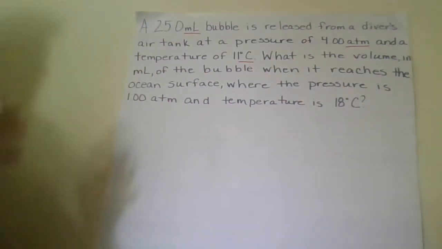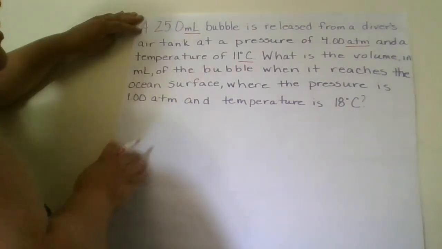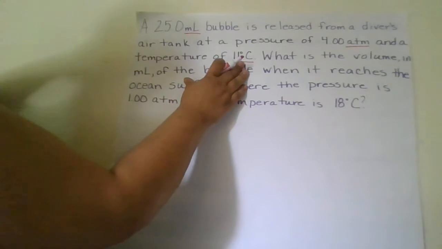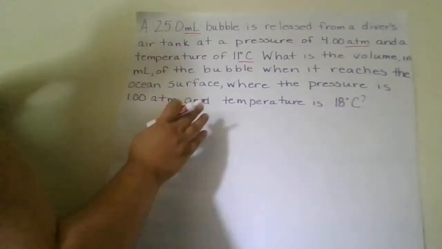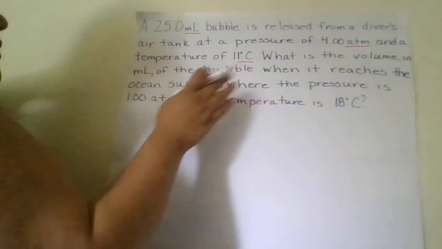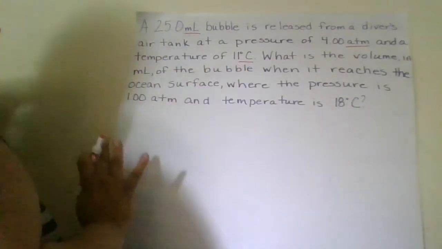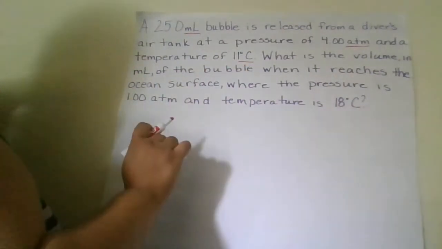So we've got three pieces of information within the first sentence of the problem. This lets us know this is where it began. The problem began here. Then it says, what is the volume in mLs when it reaches the surface? So this is later on. This is going to be the final amount.